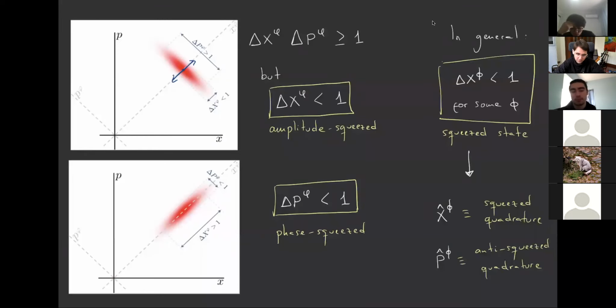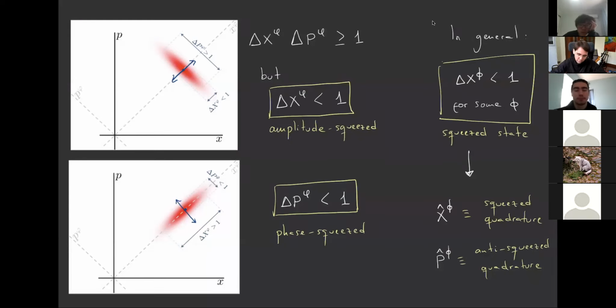So this is why we call it phase squeezed. These are concepts that are quite important to understanding quantum optics. And of course, if you want to encode a signal in this squeezed state, what you need to do is encode the signal in the direction of the phase, not in the direction of the amplitude.